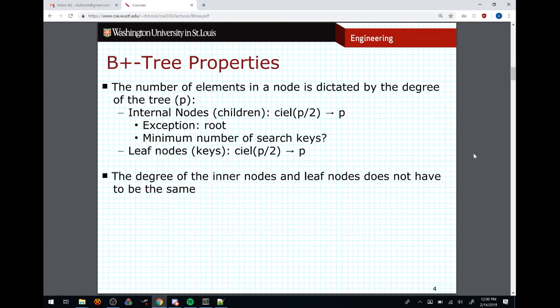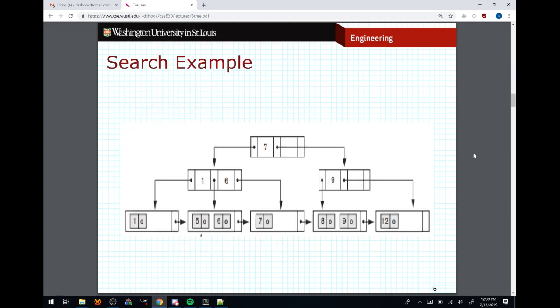What is that for that last example? Yes, it's 3. I see a node with 3 children. That's the largest number of children that an internal node can have. That's the same thing as the degree. The largest number of children, that's P for a given node.